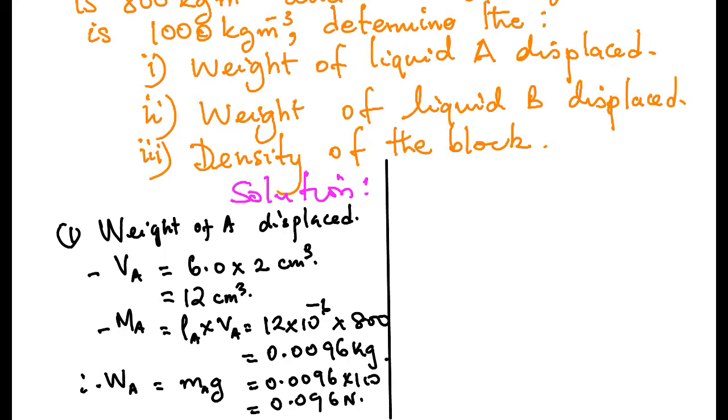Two, volume of B displaced, that is the cross-sectional area, which is 6, times the length in liquid B, which is 3, and that gives a numerical value of 18 cubic centimeters.